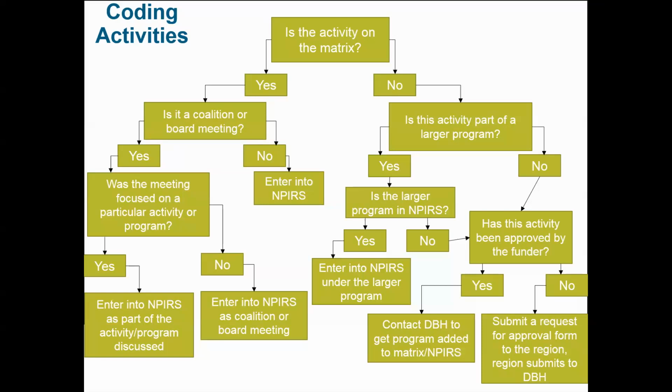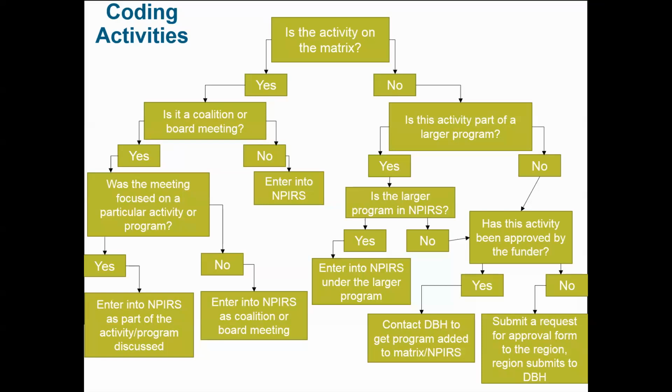If what you're trying to enter is a coalition or a board meeting, then if that meeting is focused on one of your activities specifically, so let's say that you are doing All-Stars and your coalition met to talk about All-Stars, you'll want to incorporate the time of that meeting into your All-Stars activity record that you made. If it is not particularly focused on any specific activity, then you can enter it as a coalition or board meeting into NPIRS.